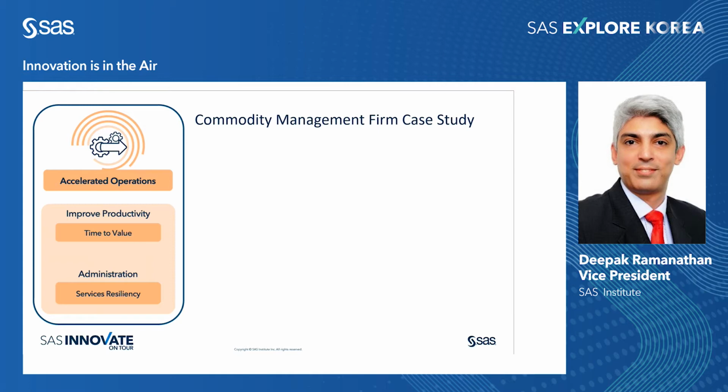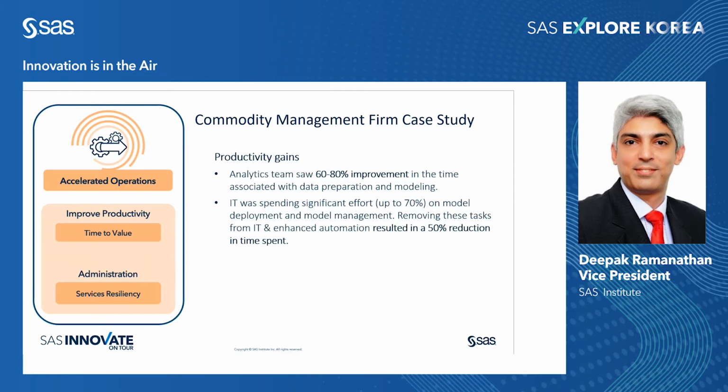In this case, the customer, the commodity management firm, spent a significant effort on model deployment and model management, particularly with their IT department in managing these resources and these activities.